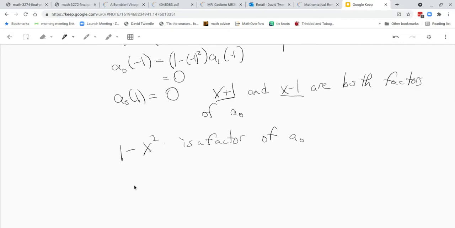So we can write a0 equals 1 minus x squared times another polynomial, let's say c0.